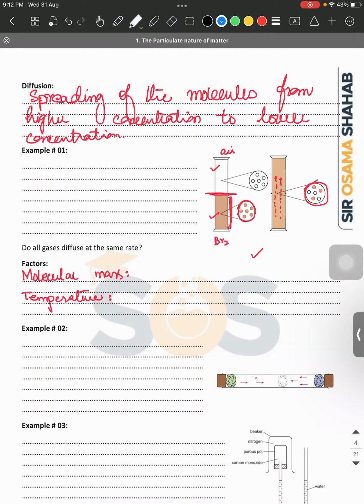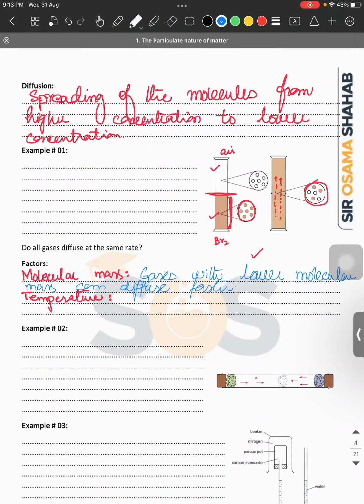So you need to remember that the gas which is lower in mass can diffuse faster, right? It is a very, very important point of this topic: gases with lower molecular mass can diffuse faster. Okay, bacho, can diffuse faster.